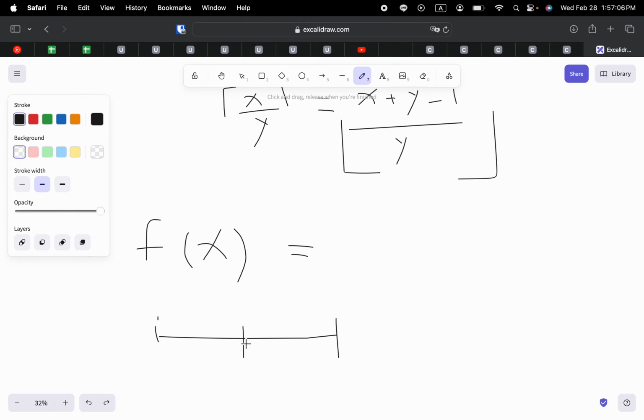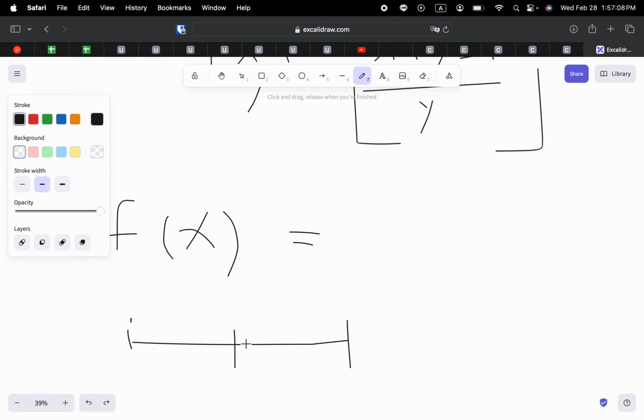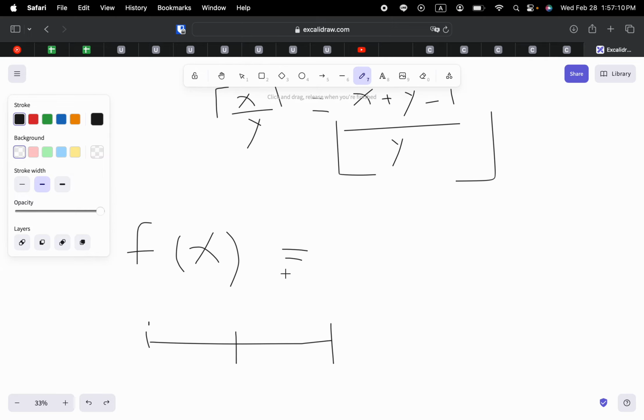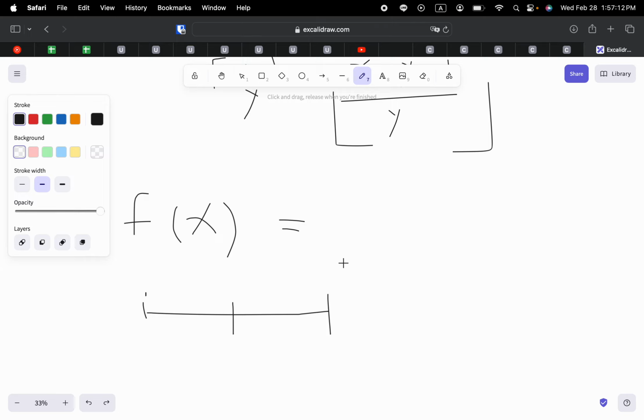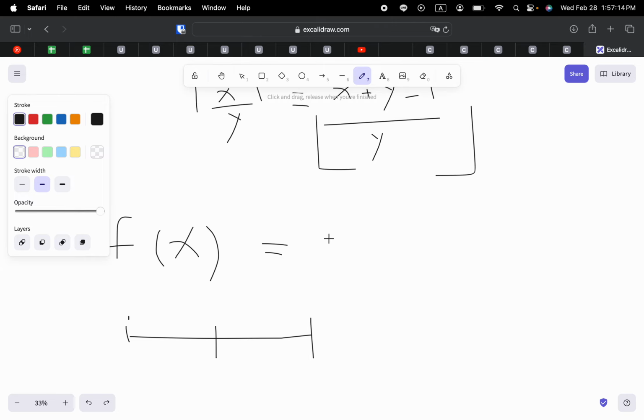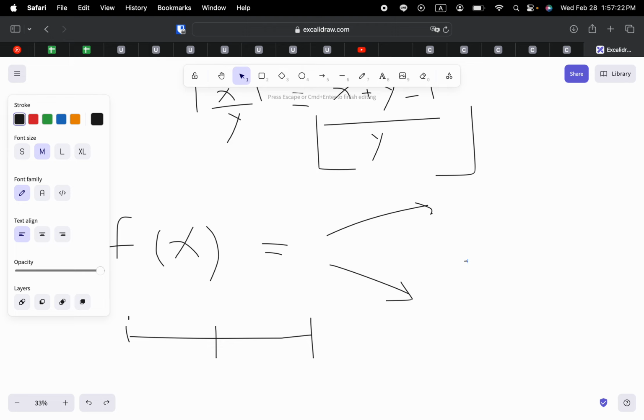Okay, cool. So the criteria that this requires to work is that f of x needs to be either increasing or decreasing, and it's non-strict.